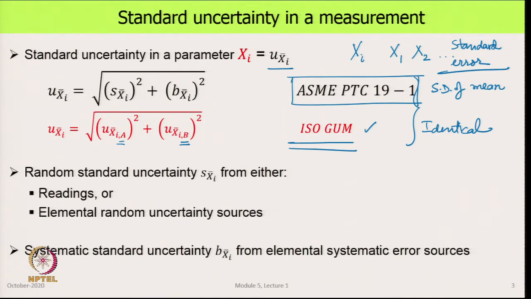The only reason is that in a starting course, it is a little easier to grasp what is a random source of error and what is a systematic source. So, that is the reason we are looking at this.